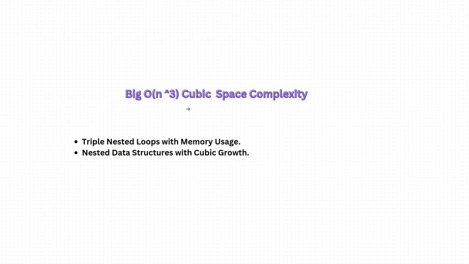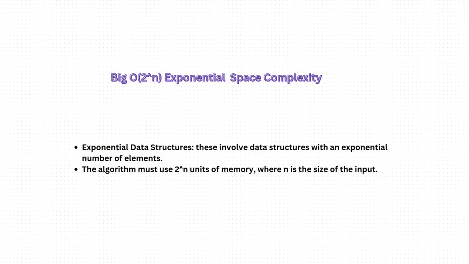All right, guys. Next we want to look at the big O of 2 raised to power n. The criteria for an algorithm that has the big O of 2 raised to power n exponential space, the first criteria you will see is exponential data structure.